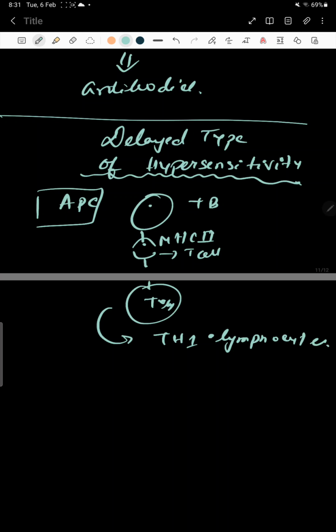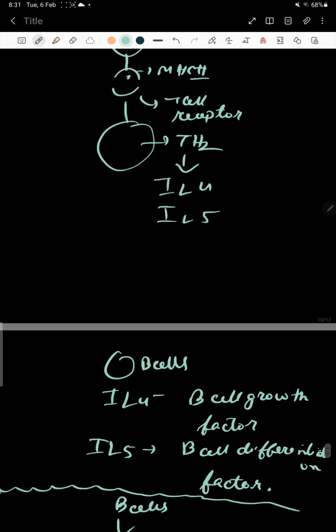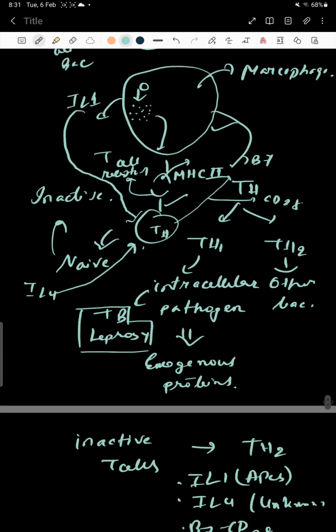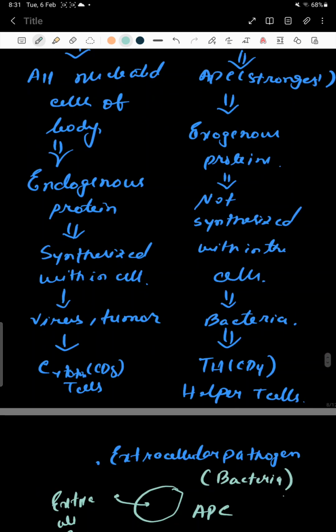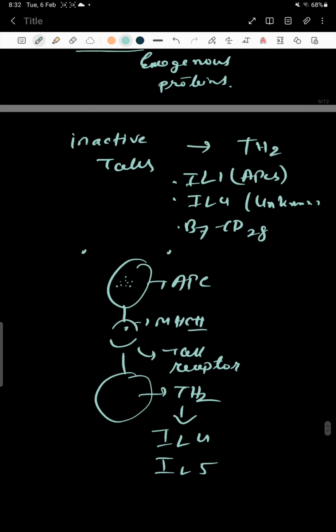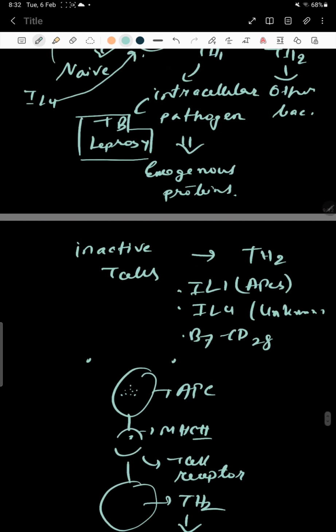Now there are also some other signals, like the production of interleukins. The APC will produce interleukin 12. If interleukin 1 and interleukin 4 interact, it will get converted into Th2 cells.